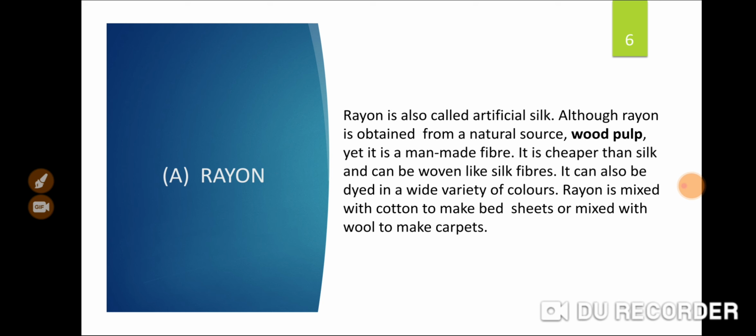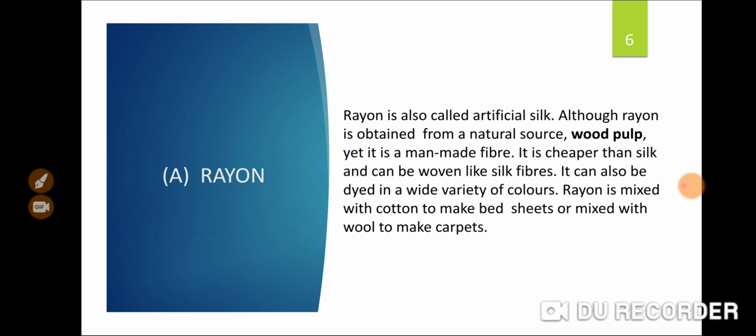Although rayon is obtained from a natural source, that is wood pulp, yet it is a man-made fiber because rayon is made by chemical treatment of wood pulp fibers.